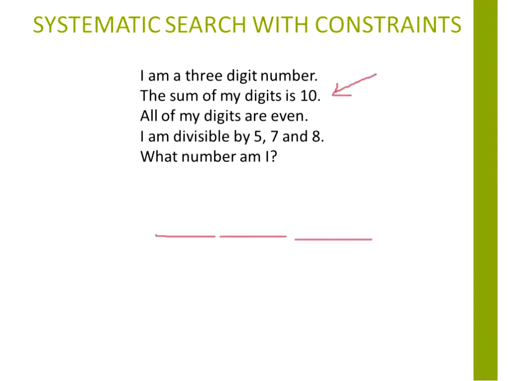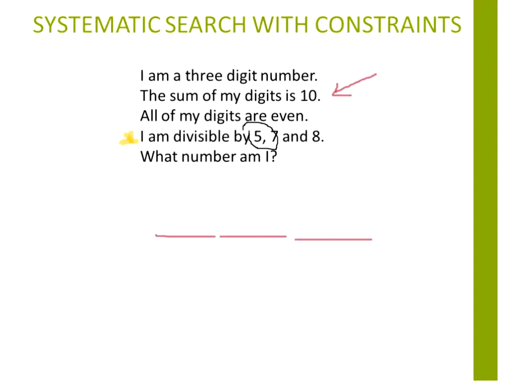That's not terribly helpful because there are lots of three-number combinations that add up to 10. It does cut down on the number of possibilities. Okay, this is good. I'm divisible by 5, 7, and 8. Is there anything in there that's particularly helpful? Which of those numbers, 5, 7, or 8, might be the most useful combined with another clue?